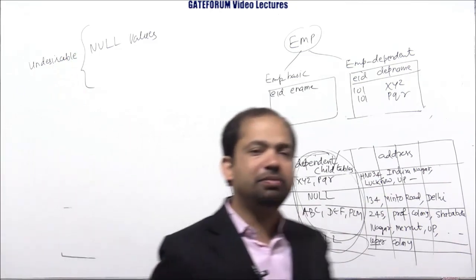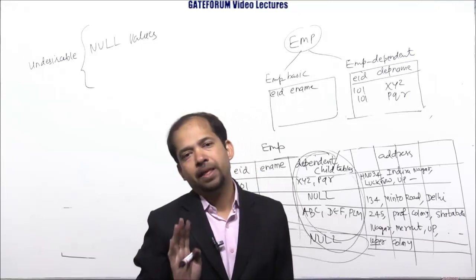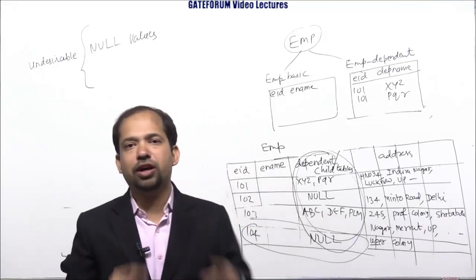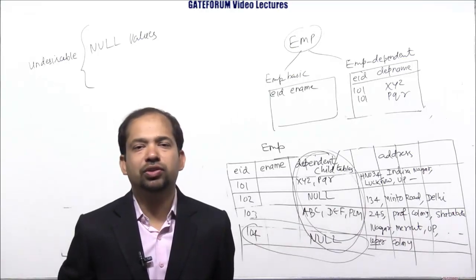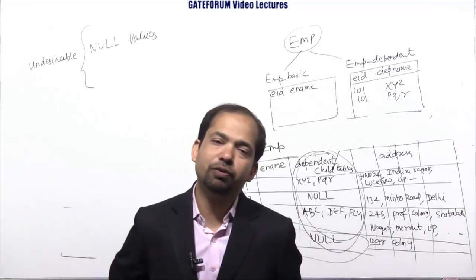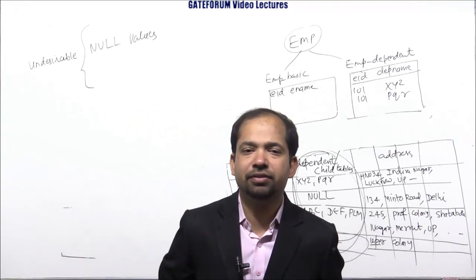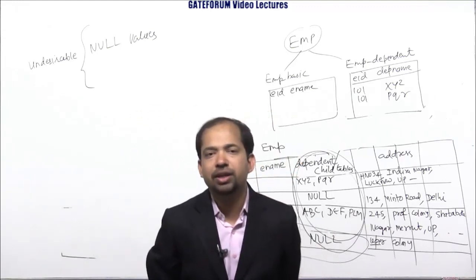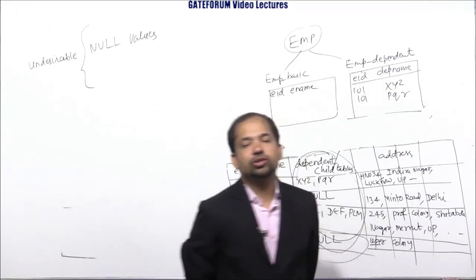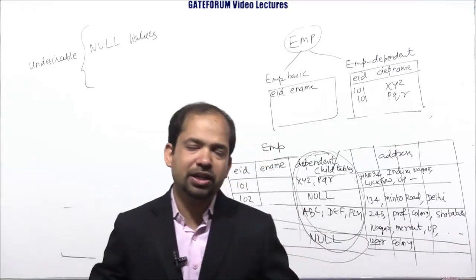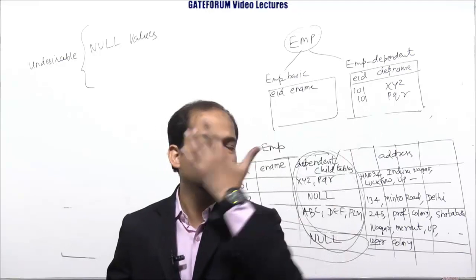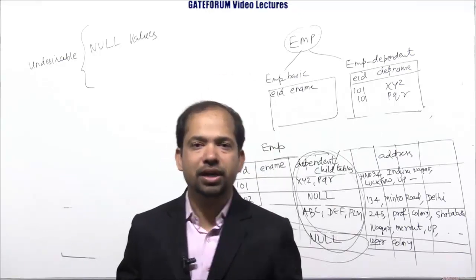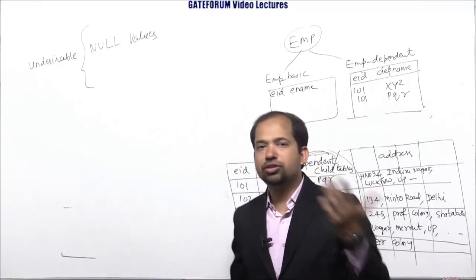If we have null value, it means it is a wastage of space. And null also creates problems. Suppose a column is numeric and there are many rows having null values. Null is not equal to 0. So if you perform aggregate operations like average, max, or sum, then null will create issues. Either we don't count those rows while doing the summation, or if we count them, null is not equal to 0.